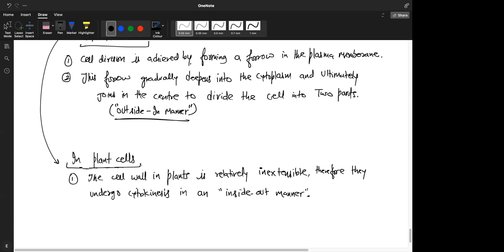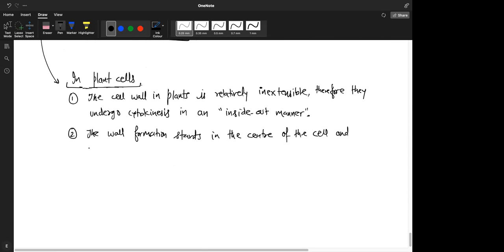Okay. Write down. The wall formation starts in the center of the cell and grows outwards to join the existing lateral walls.